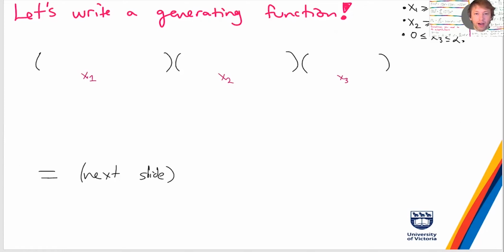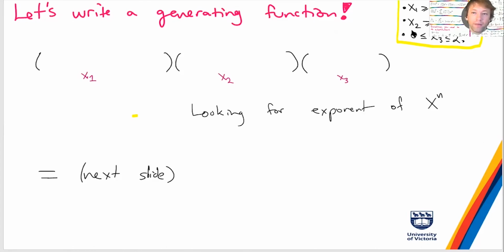So these are our constraints, and we're counting. Don't be confused: I'm using x here as the variable in the generating function. Hopefully that's not too confusing.